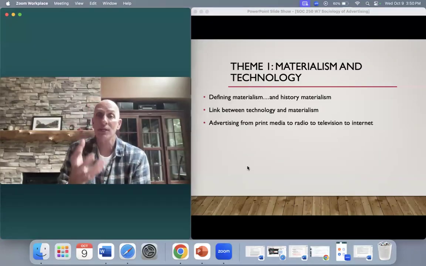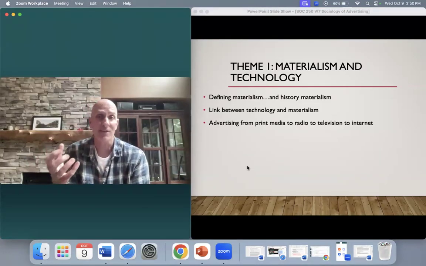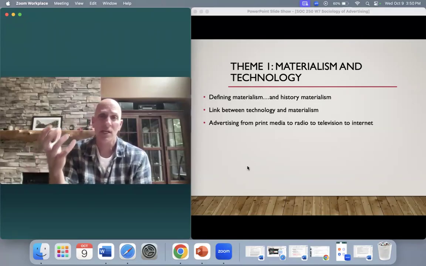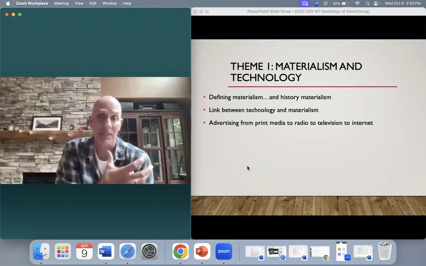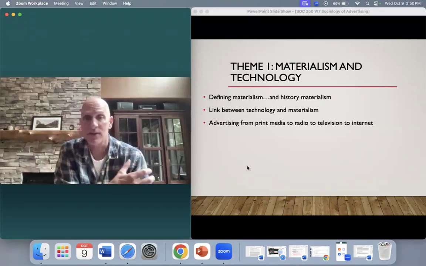So when looking at advertisements, I think it's important to think about how the economic structure, that material structure, changed, and what its influence has been on advertisements or the mass media or whatever it is we want to think about.